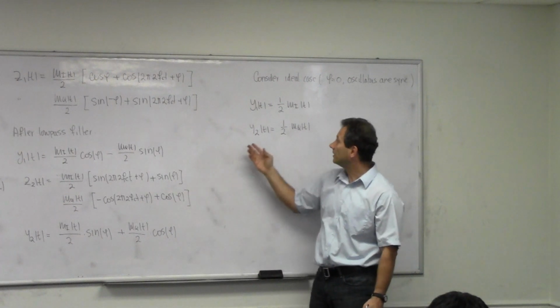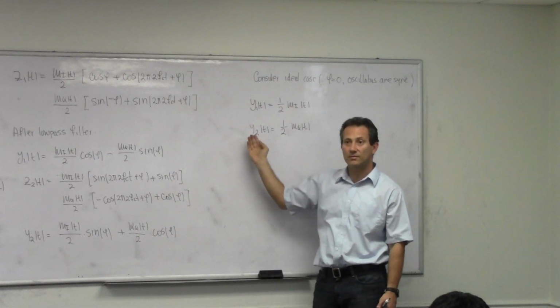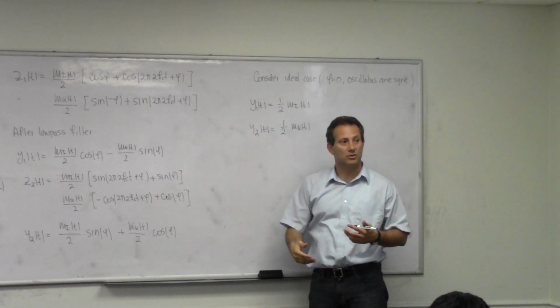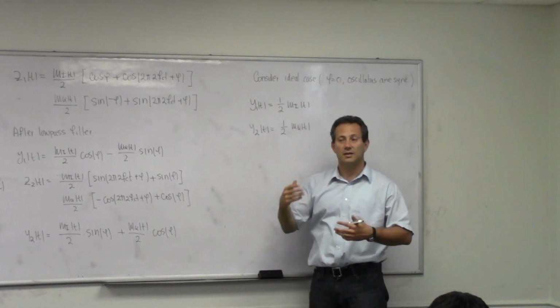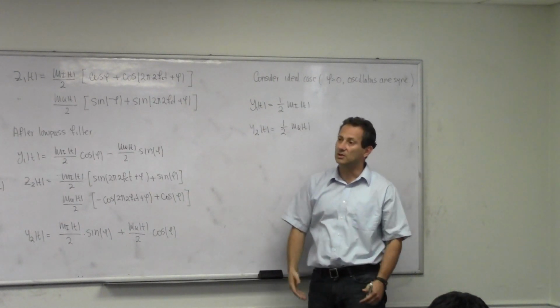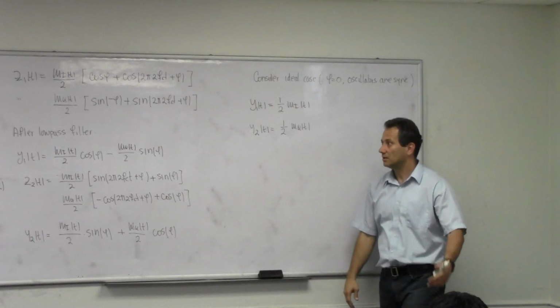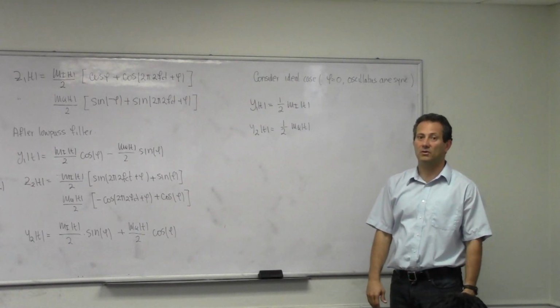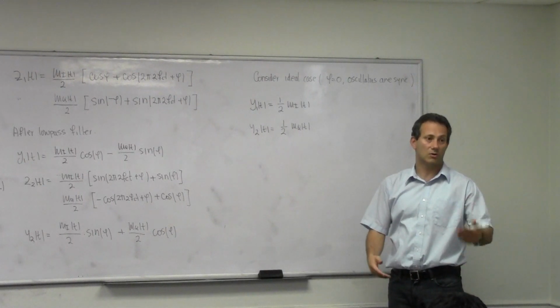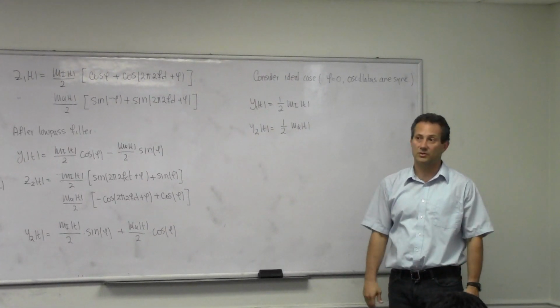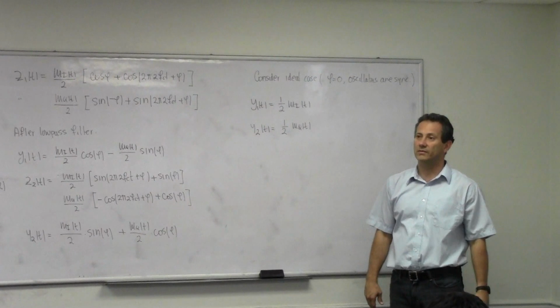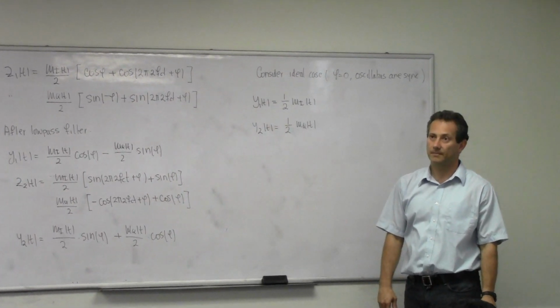So if phi is different than 0, meaning these two oscillators are not perfectly synchronized, then there will be crosstalk between these two branches. And that may be bad or may be somewhat tolerated depending on how large the phi is. If it's close to 0, then your signal to noise ratio is good. If it's not, then you have a problem to deal with, right?